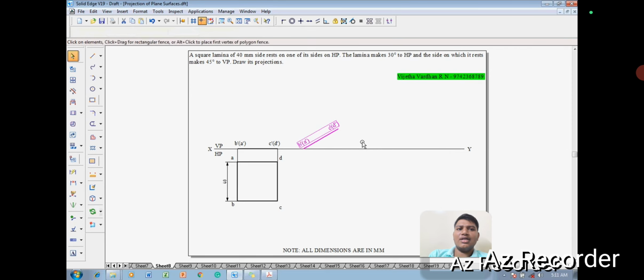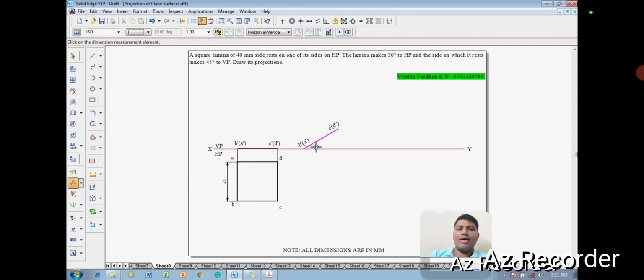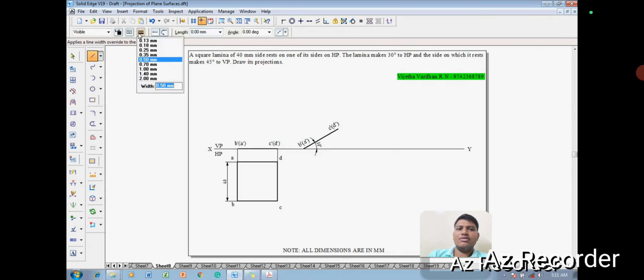Next I will mention it as 30°. So it will be 30°. I will mark here 30°. I take a line of 0.13 mm and draw a line straight towards HP. Next I will draw straight lines from HP.